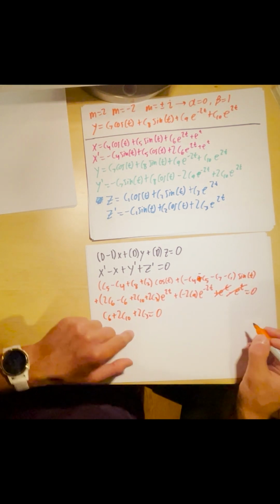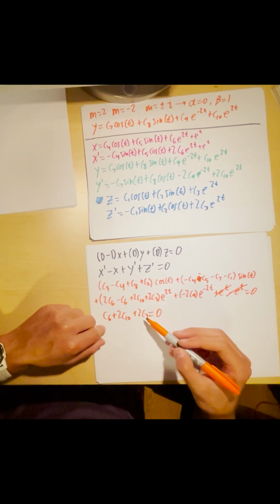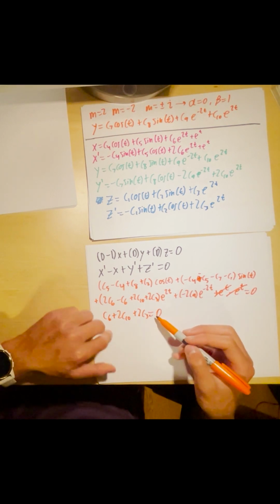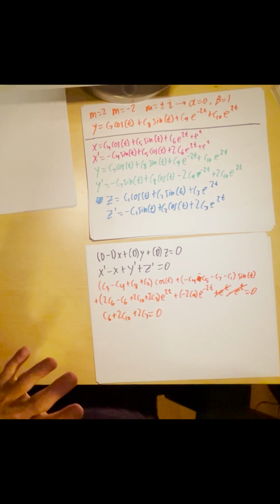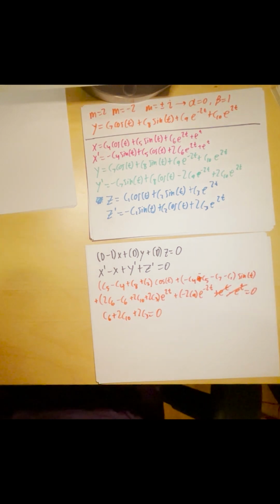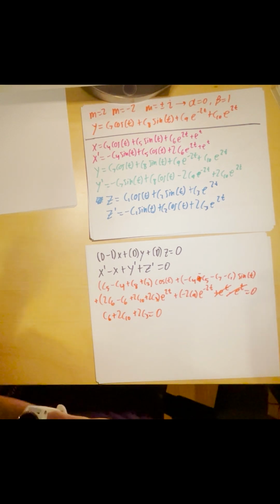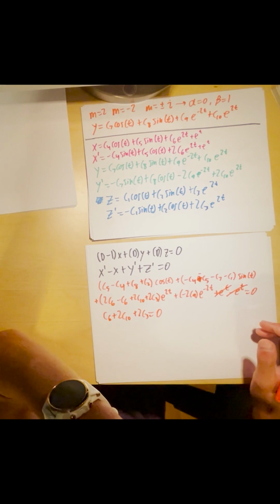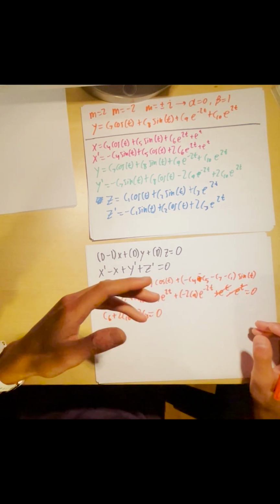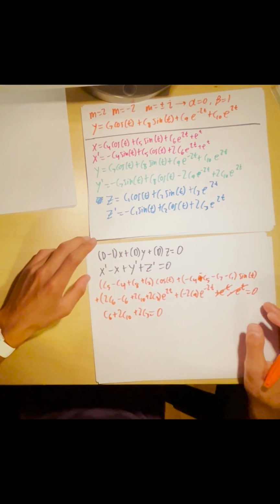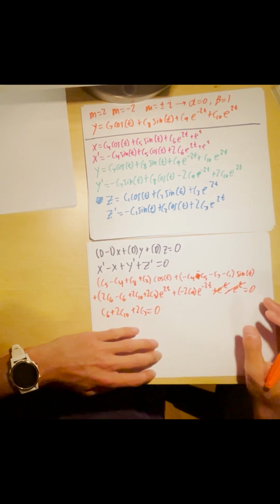This is important. We can write c10 in terms of c3 and c6, or c6 in terms of c10 and c3, and that's great because once we have either c10 or c6 in terms of c3, then we've eliminated one of those variables.